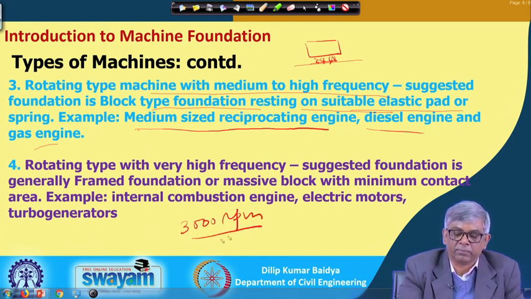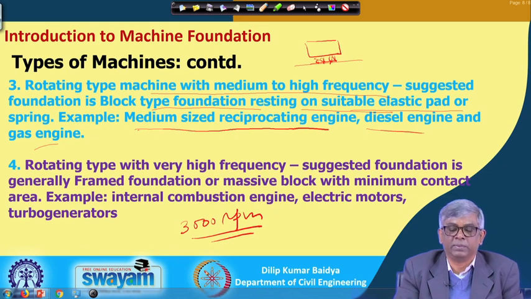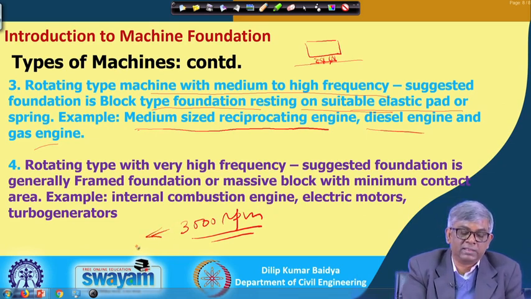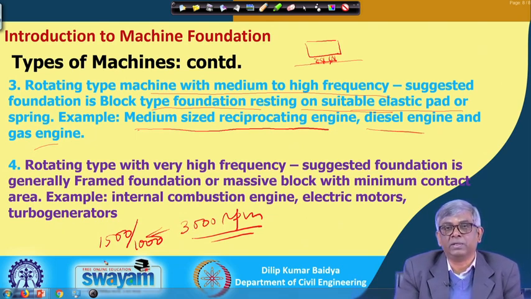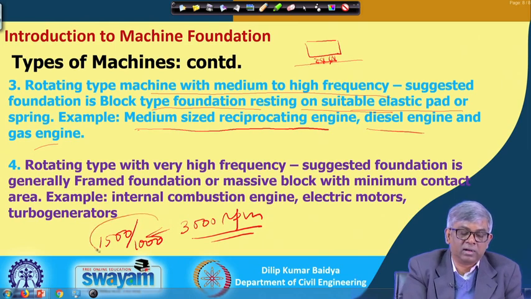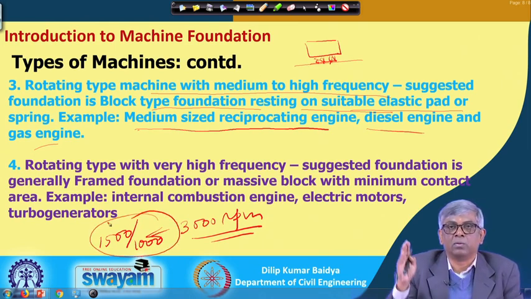If the operating frequency is 3000 rpm, then your natural frequency will be less than that, maybe 1500 or 1000 something like that. This is called undertuned. That means when there is a high frequency machine, you have to design the foundation for undertuned. Undertuned means you have to design in such a way that the natural frequency falls below the operating frequency.